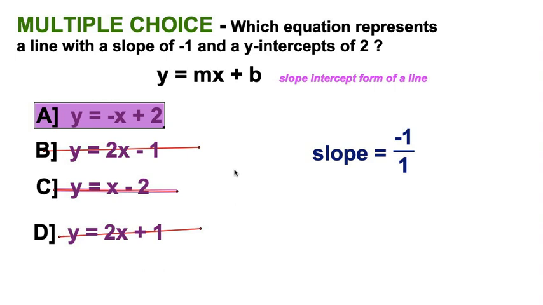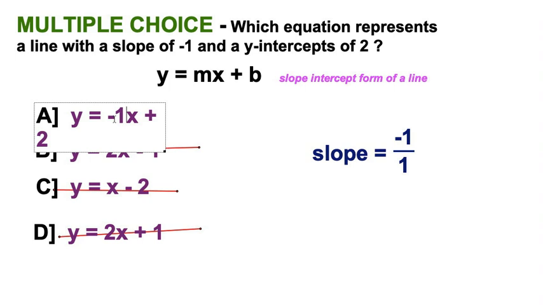How many x's do I see? I see the opposite of x. The opposite of x is the same as -1 times x. I could take this equation and represent this as negative 1 times x. If I wrote it that way, I could see that the slope is negative 1.